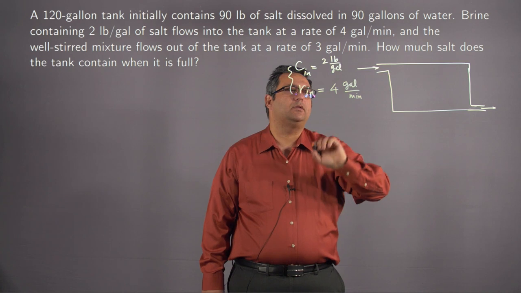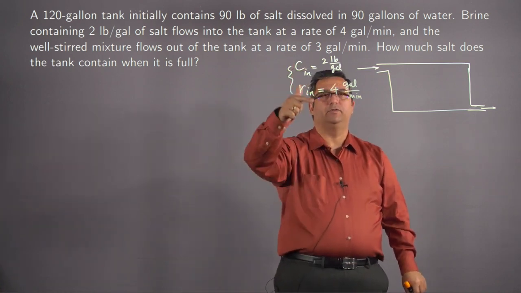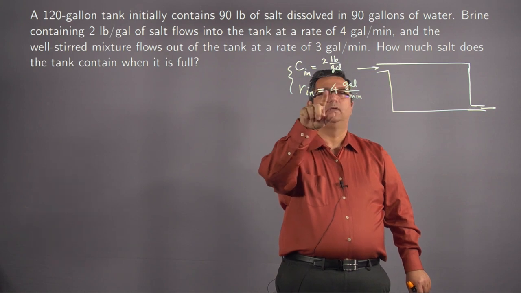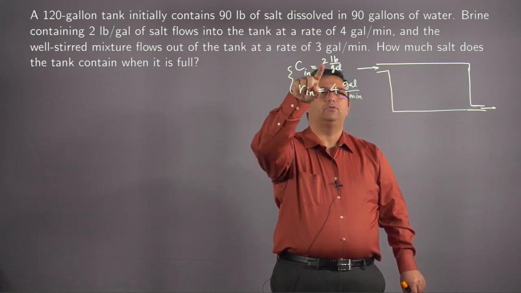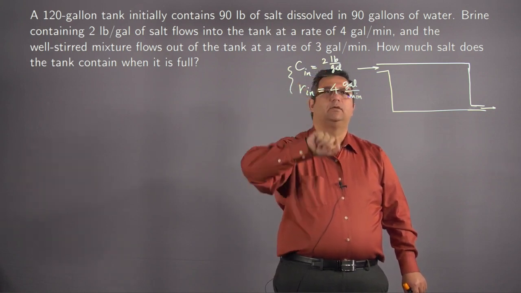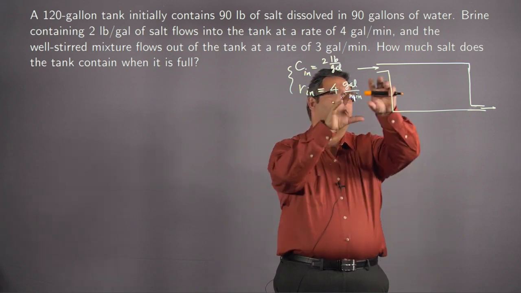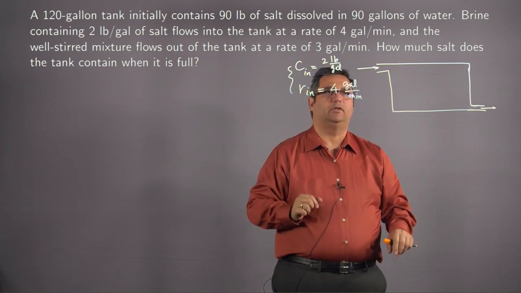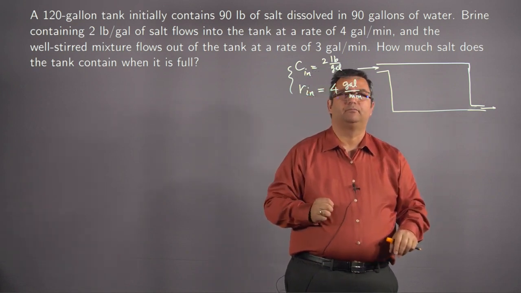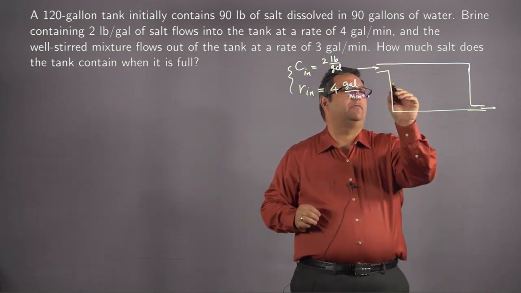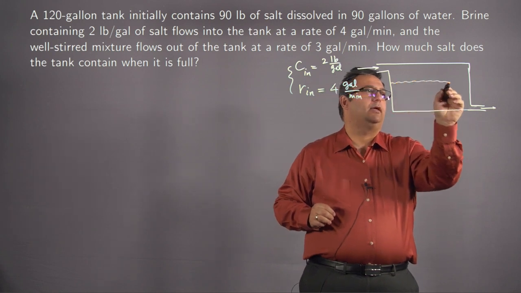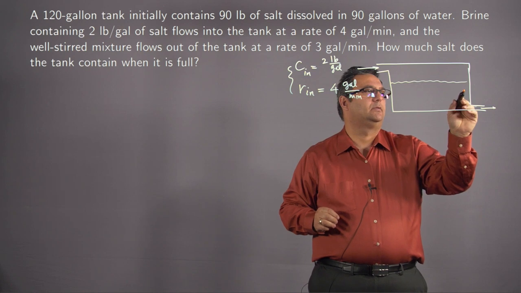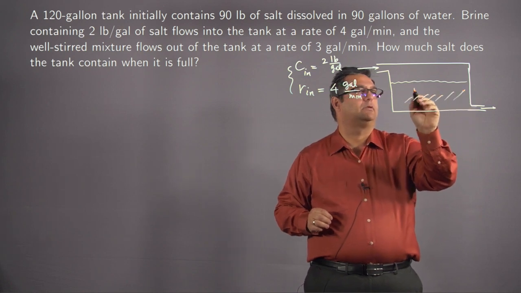So we can immediately realize from the combination of these two that each minute 4 times 2 equals 8 pounds of salt is pouring into this tank. But the salt is dissolved in the brine. So we have, of course, a tank here that has brine in it, and it's being well mixed.